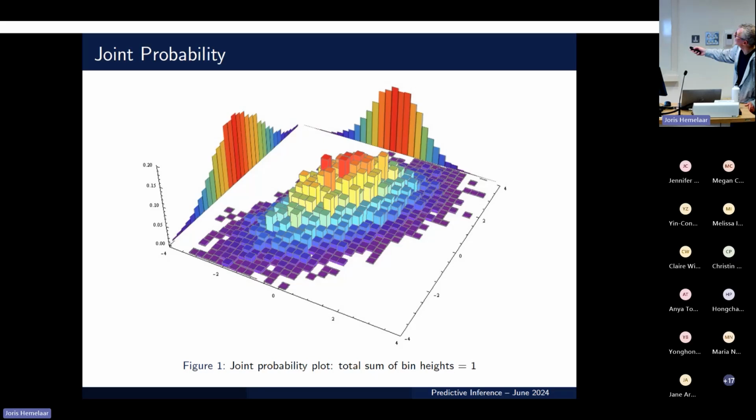If I do that, then the sums of the heights of those bins no longer equal 1, they are less than 1, and that can't be. So we need to divide by the marginal probability, which is the sum of those things. All of those rules about probability can be interpreted from that diagram.